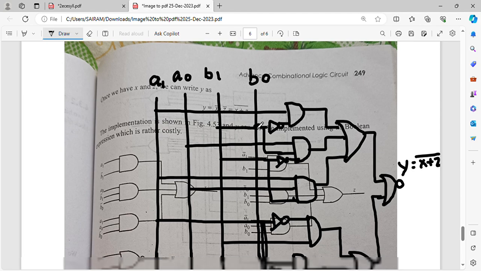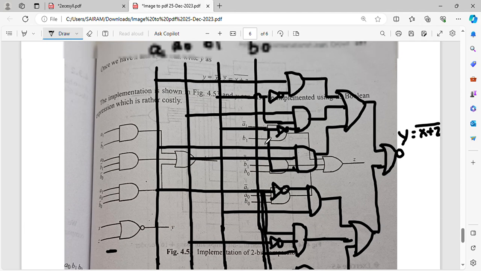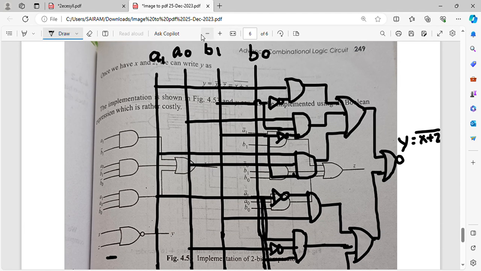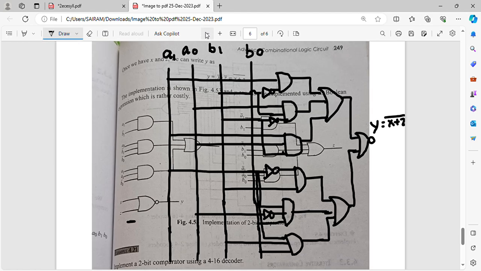This is x and this is z, wherein y is equal to x plus z the whole bar. I hope you got how to draw the diagram, and please take a screenshot of it.